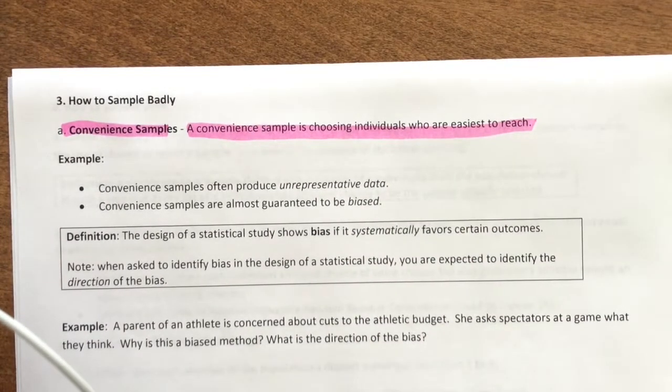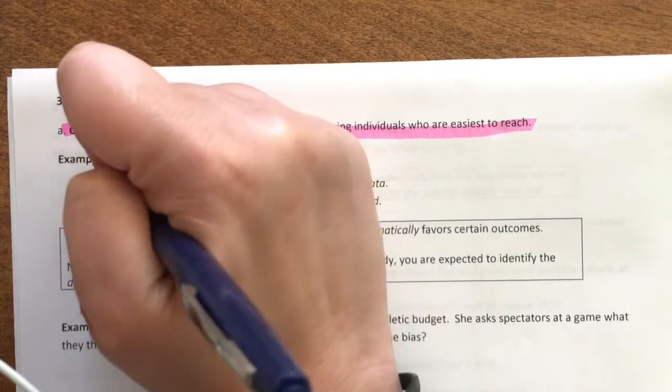Okay. So, if we wanted to collect information about the students at Ford High School, for me, a convenient sample would be to choose students in this AP Stats class.